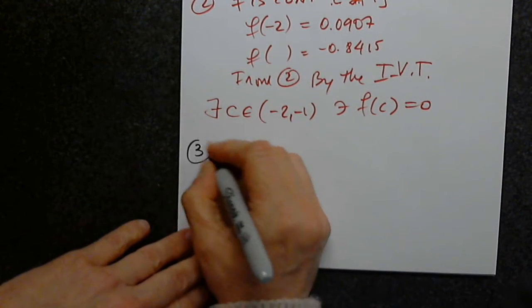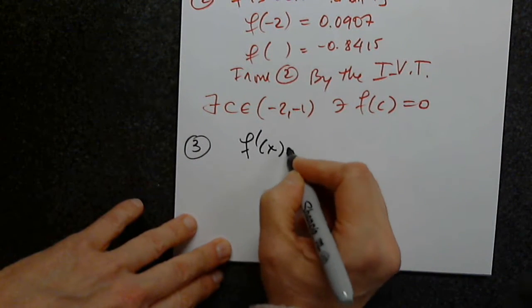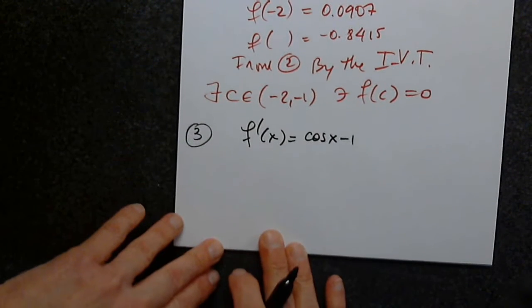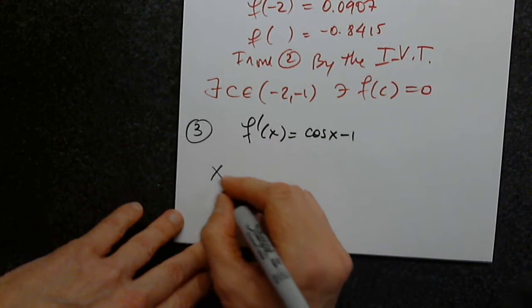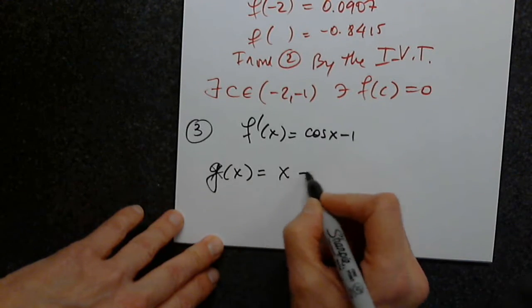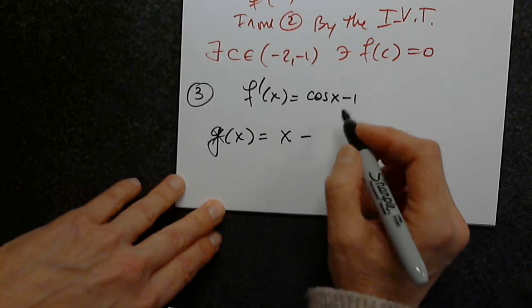So in step 3, I will be using Newton's method. I will find f prime of x first, which is cosine x minus 1. I will create the function g of x, which is x minus f of x over f prime of x.